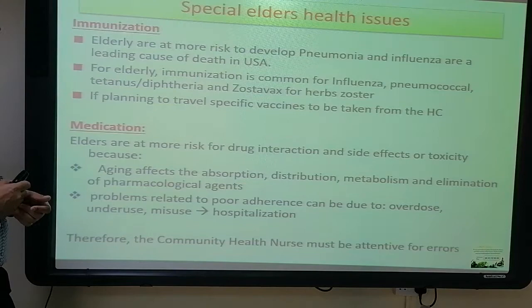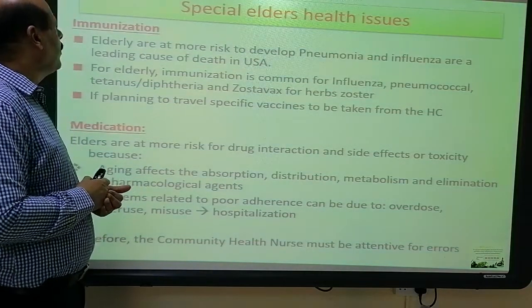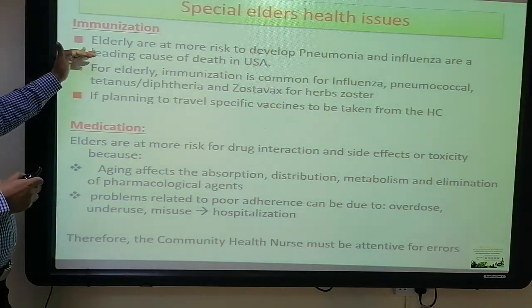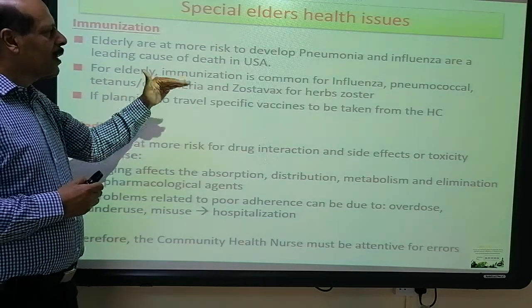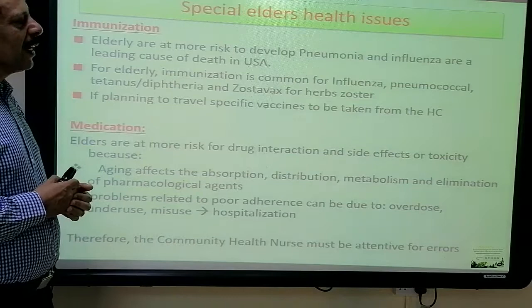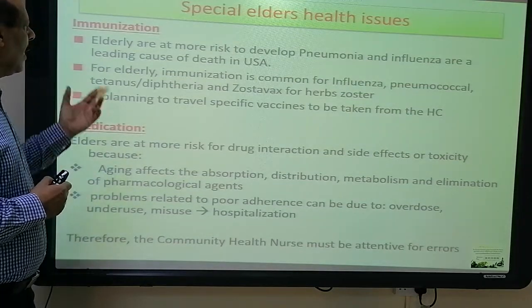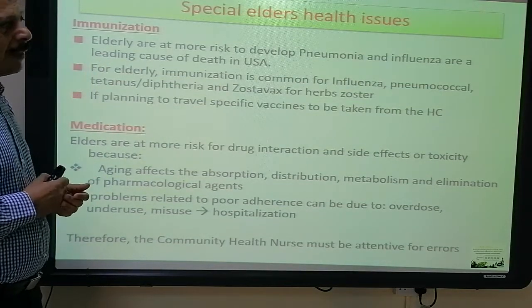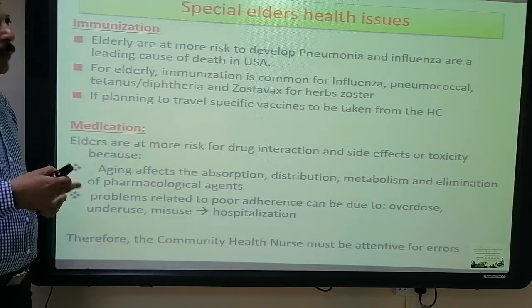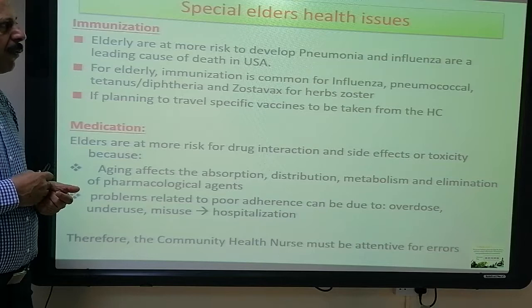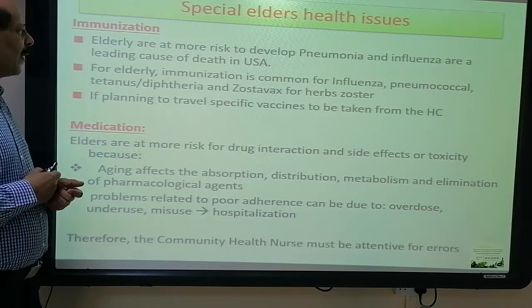So, special elder health issues. The immunization, as we said, elderly are at more risk for developing pneumonia, and influenza and pneumonia are leading causes of death in the USA. Because of that, for old people, they are giving them immunization for influenza, the seasonal immunization.